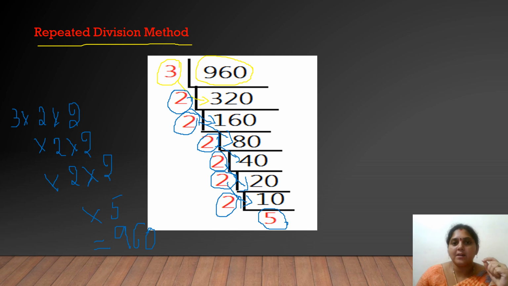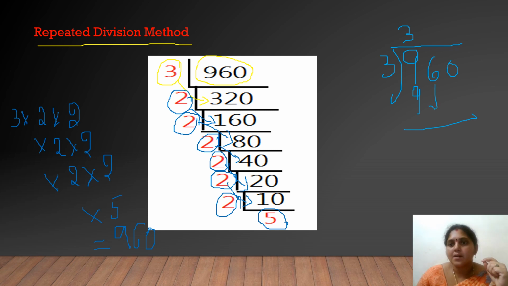You may get a doubt, how you got number 360 here? Can anyone tell? Yes, it is nothing but 960. When we are dividing with the table 3, how will you do it? Take the 3 table. 3 3s are 9, right?